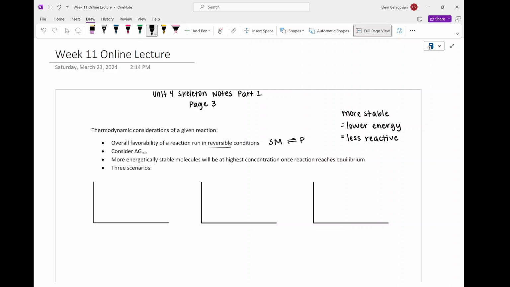For all reaction coordinate diagrams, the y-axis is G for Gibbs free energy or E for energy, usually in kilojoules per mole. The x-axis is reaction progress.